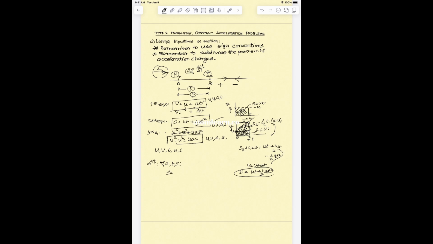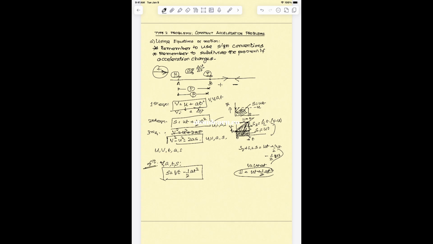That is, from the first equation substitute u in the second equation, therefore eliminating u and including v, we will get this equation: vt minus half at squared. Now compare this form with the second equation, s equal to ut plus half at squared. s equal to vt minus half at squared is another equation which is possible.